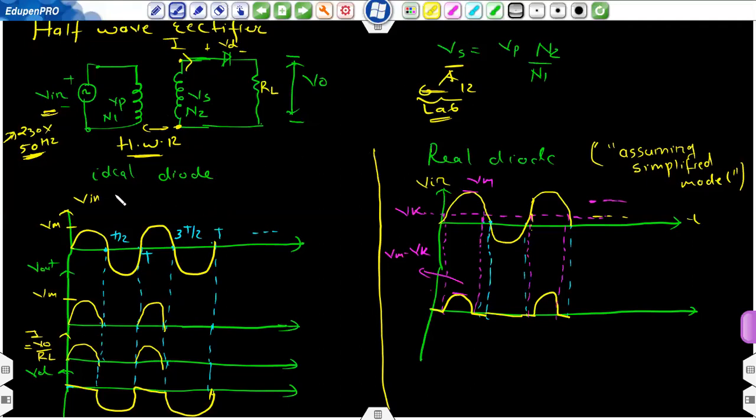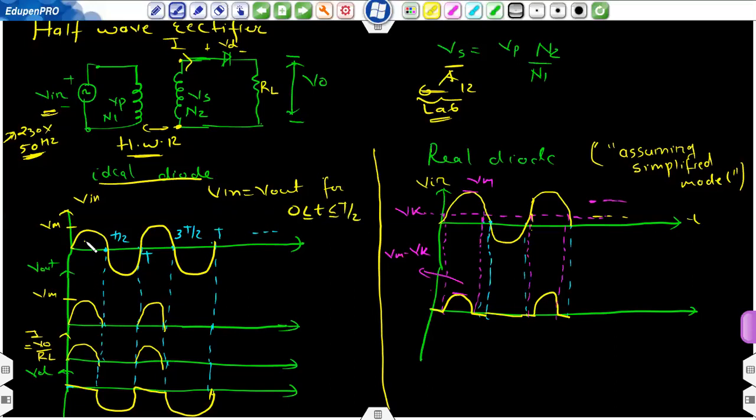So this was the waveform if the diode is ideal. If this is your Vin, a sinusoidal wave with time period T, then Vin will be exactly equal to Vout for t less than T by 2 and greater than or equal to 0.